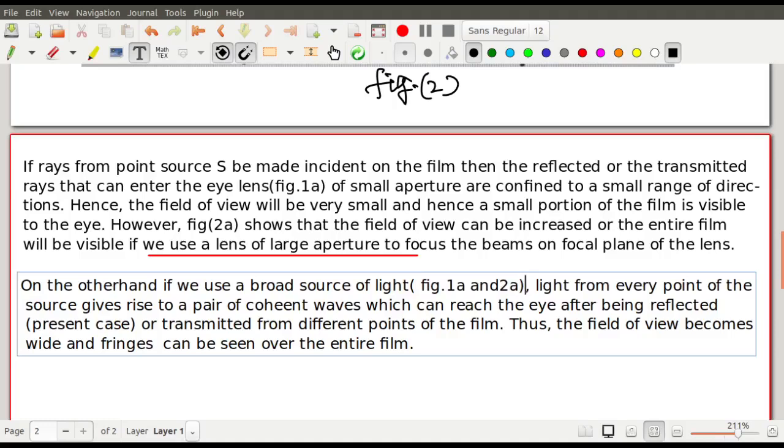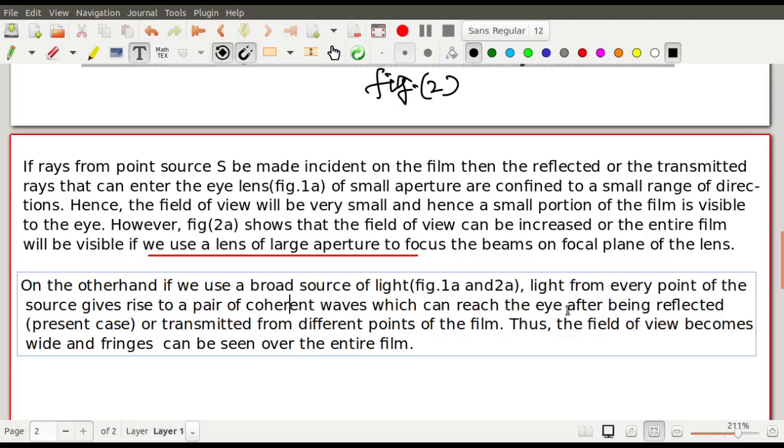Then we find that light from every point of the source gives rise to a pair of coherent waves which can reach the eye after being reflected from different points of the field. Thus the field of view becomes wide and fringes can be seen over the entire film, right?